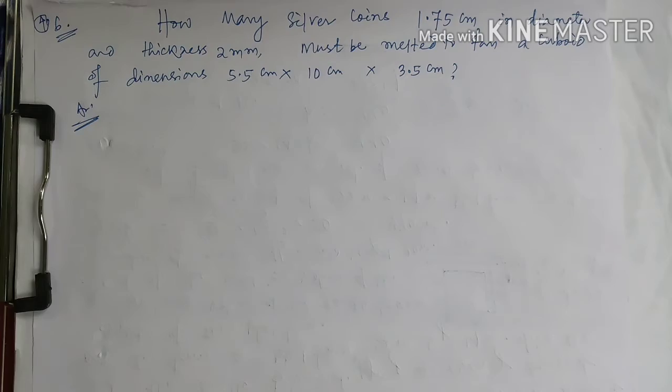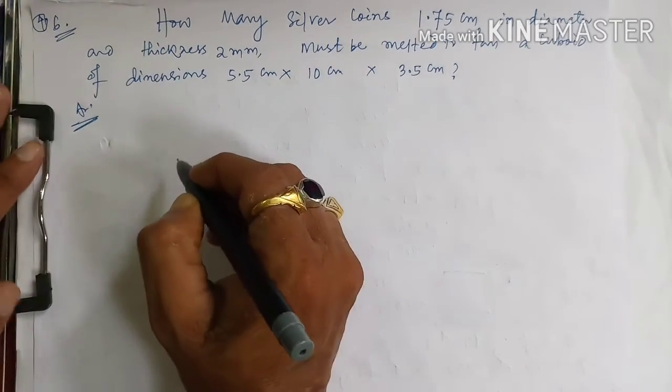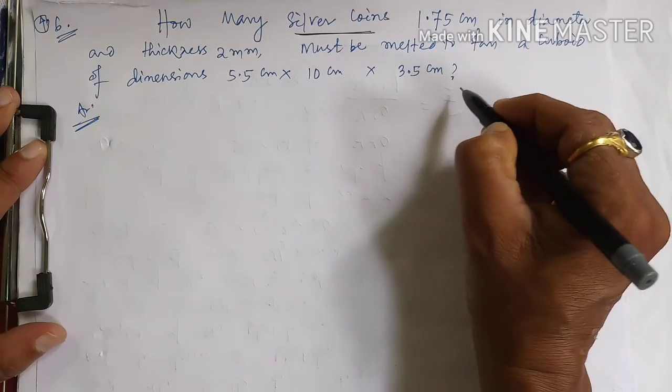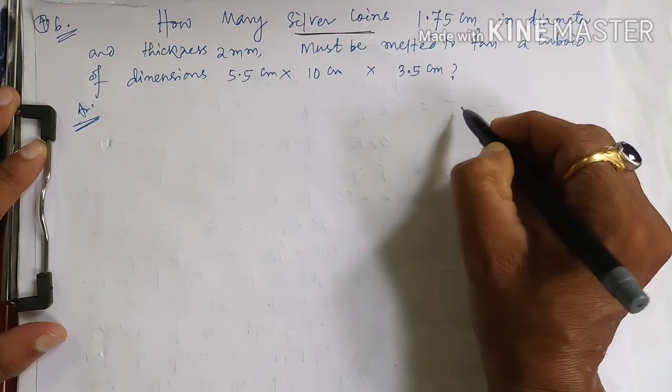And the solution will be like this. You have to calculate the number of silver coins, each having 1.75 centimeter diameter and a given thickness.